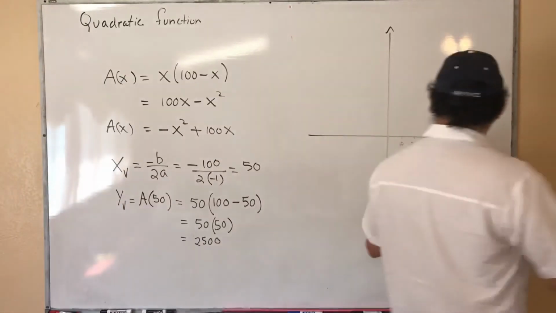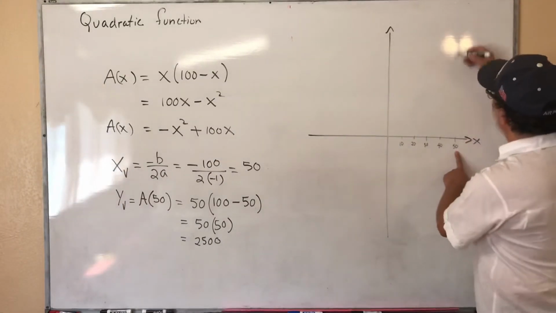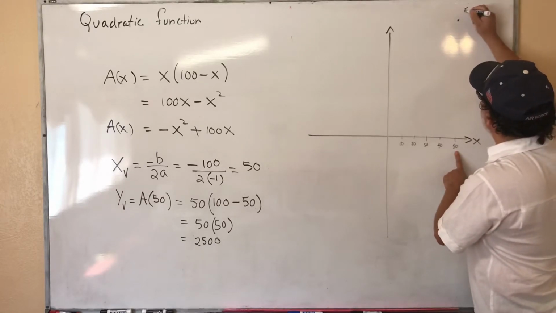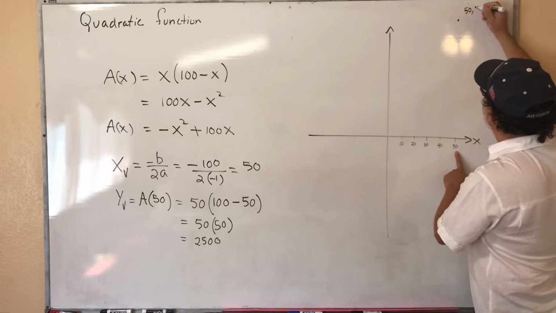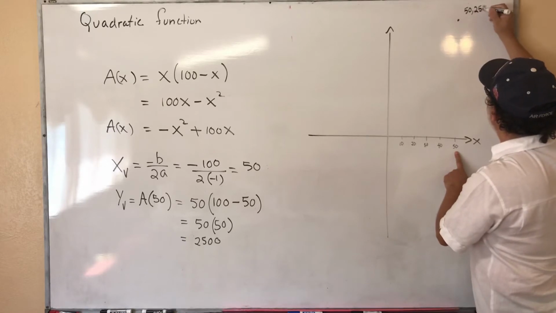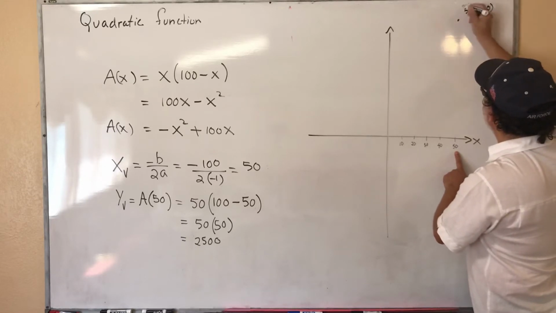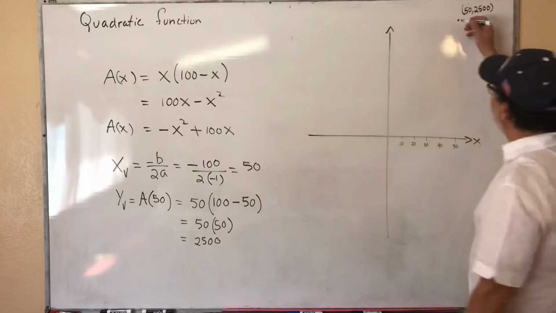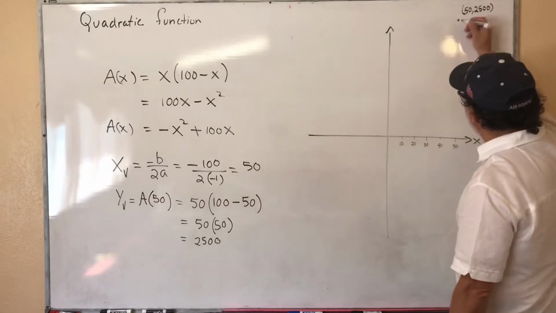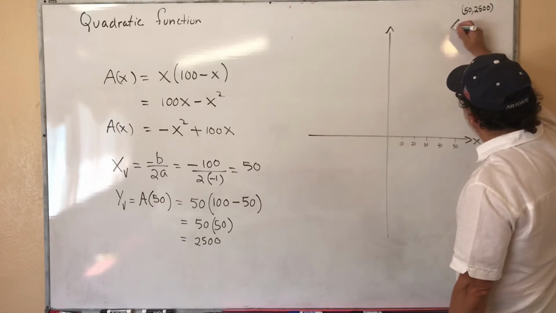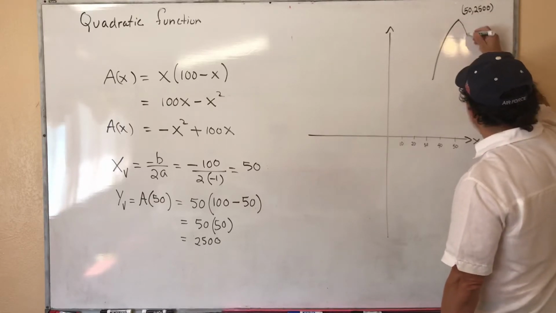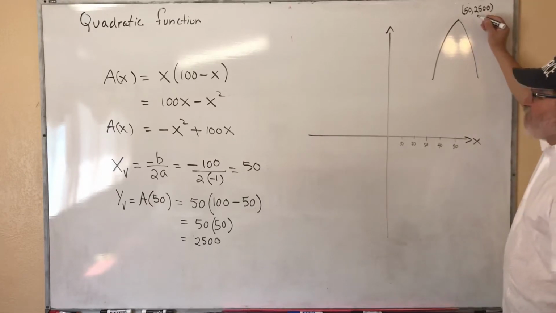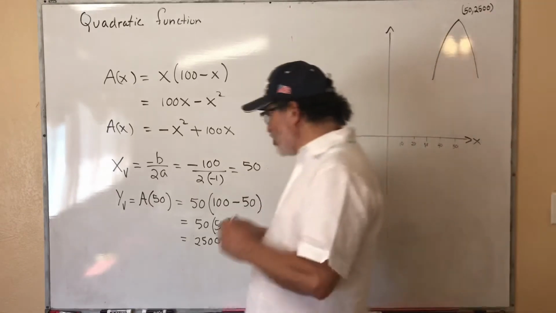The vertex is at 50, and then way up here, okay, is way up there. 50 and 2500. Yeah. And then it opens down. But the point is, you see, we found the vertex.